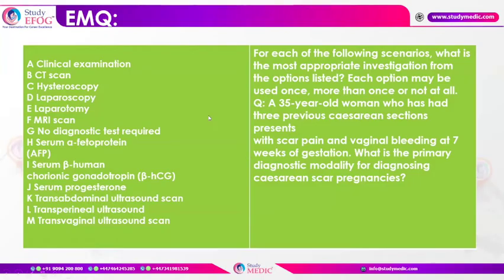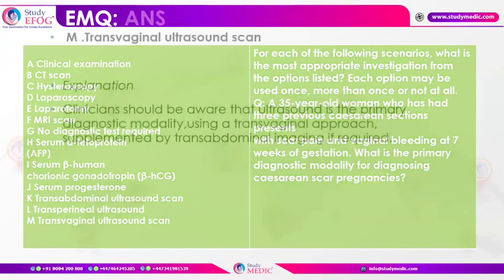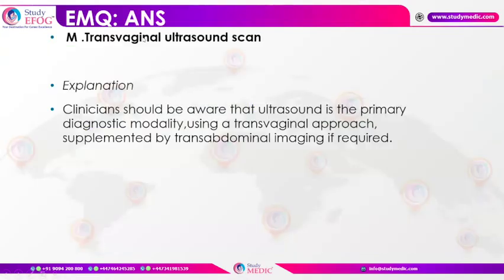Clinical examination, CT scan, hysteroscopy, laparoscopy, laparotomy, MRI scan, no diagnostic test required, serum alpha-fetoprotein, serum beta-HCG, serum progesterone, transabdominal ultrasound, transvaginal ultrasound, or transperineal ultrasound. So definitely, we all know that transvaginal ultrasound is the primary diagnostic test to diagnose scar ectopic pregnancy.